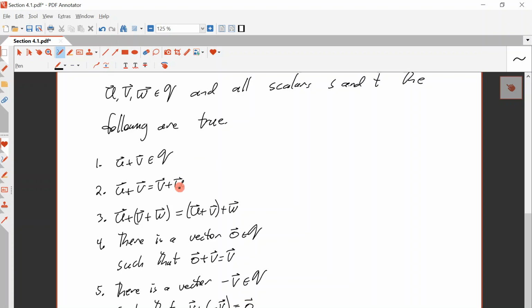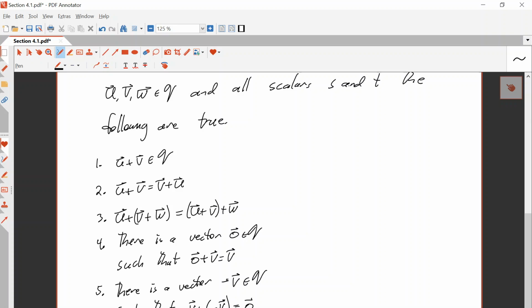Okay, so addition is closed. In other words, when you add vectors, you get another vector. It's commutative, associative. You have something called 0, and you have negatives of vectors.